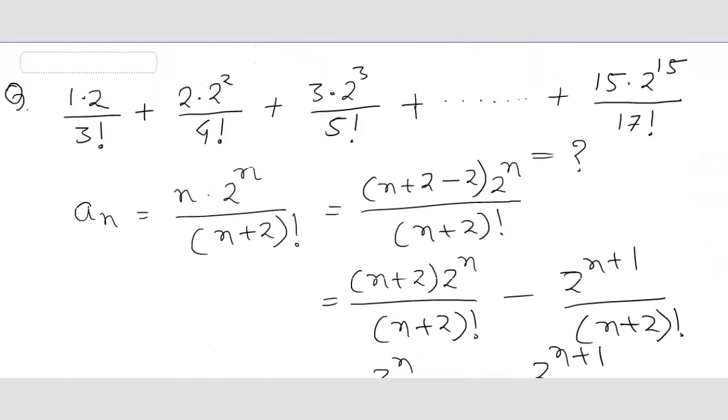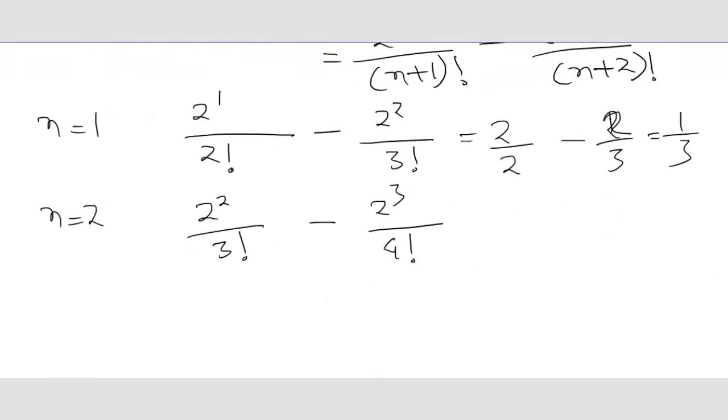Now we have to find the sum up to the 15th term.